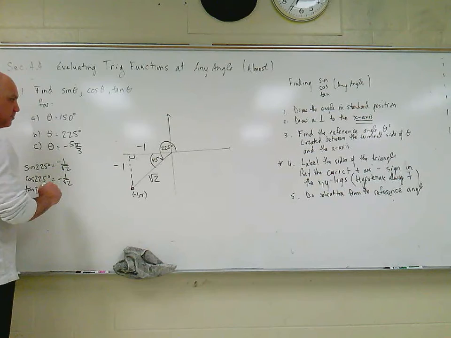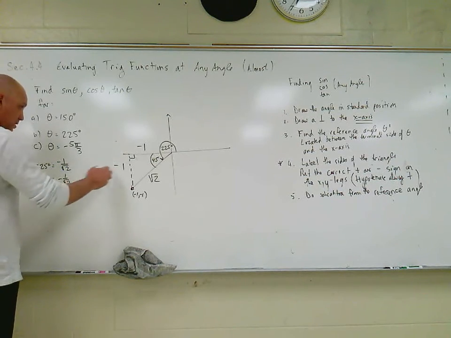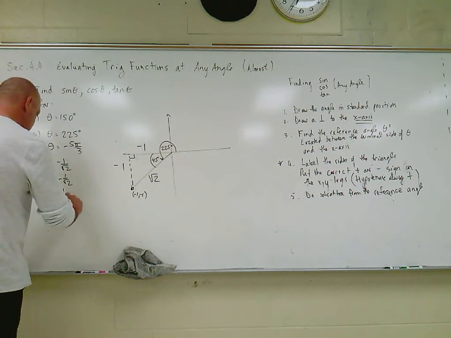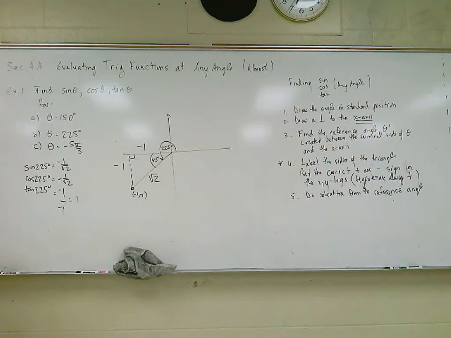Tangent of 225. 1. Negative 1 over negative 1 is 1. Right? You put negative 1 over negative 1, you get 1. You can flip to get the other ones. Now if it tells you to rationalize, and you have to multiply by square root of 2 over square root of 2, that's a pain. Okay? All right.